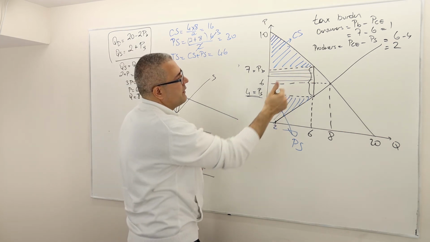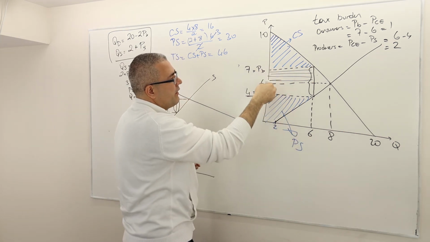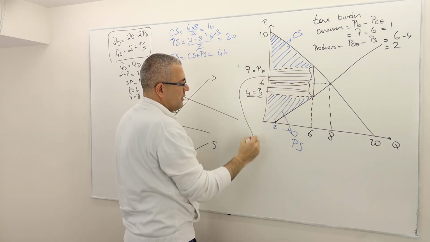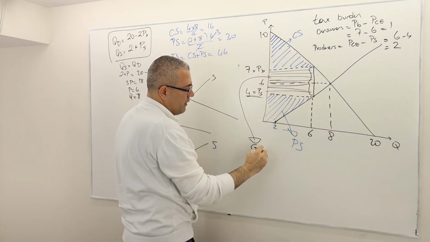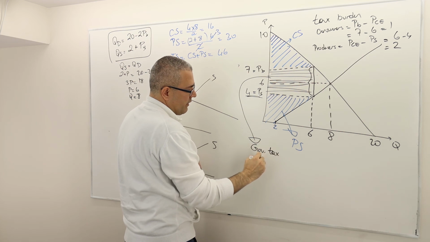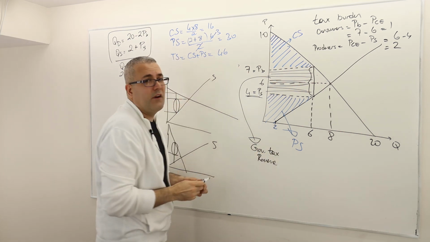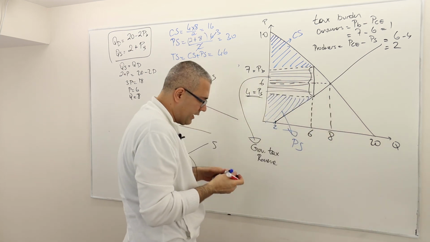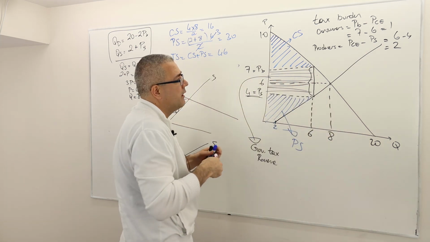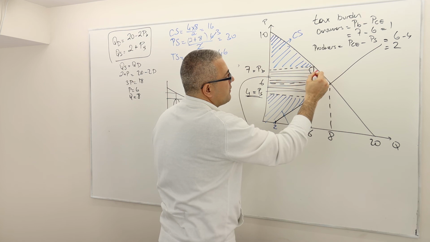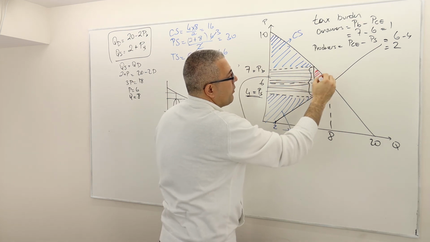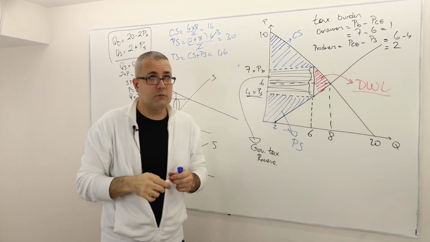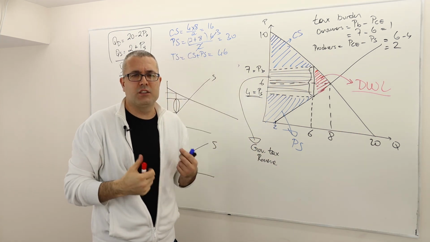So this area, therefore, 3 times 6, 18 units, is the government tax revenue. And then finally, obviously, this small triangle that goes to no one is called deadweight loss. By the way, how can we be sure that it is a loss?